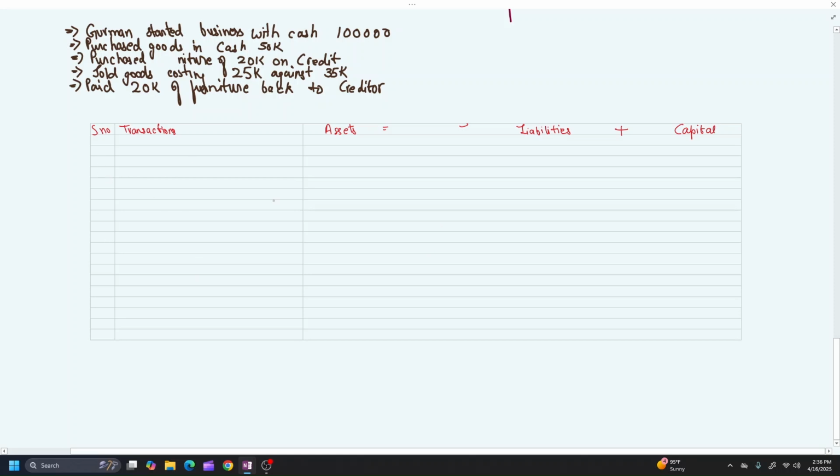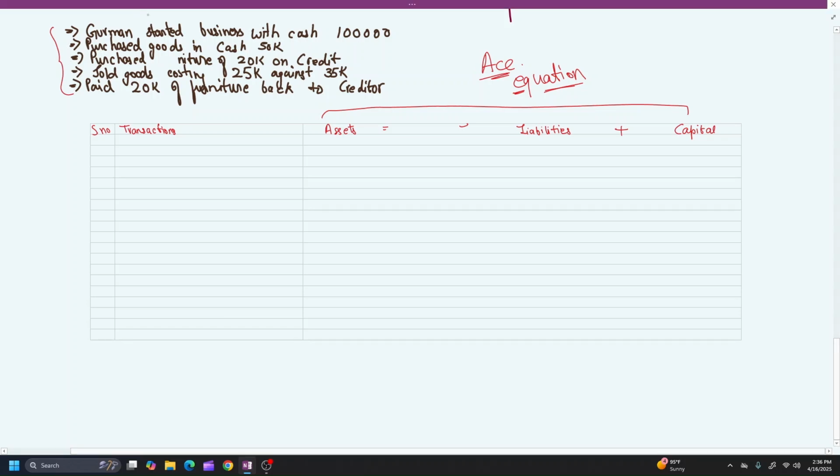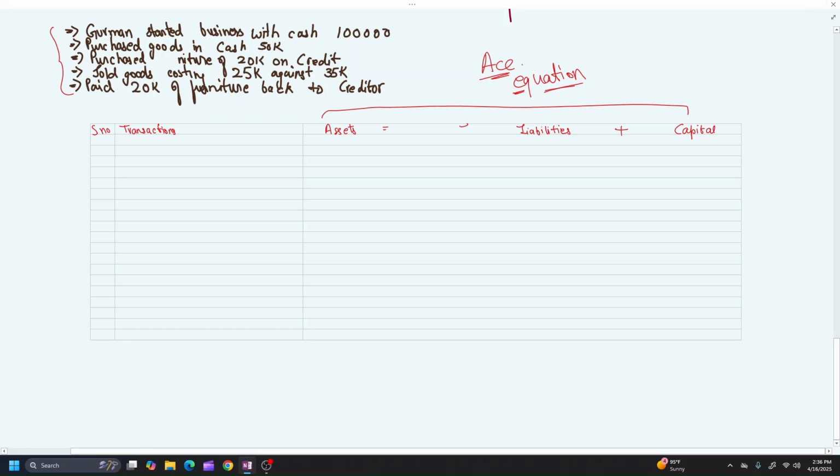Serial number, then transactions, and one big column that will have this equation. This is your accounting equation. Assets is equals to liabilities plus capital. Now one by one we'll record these transactions and then we'll end the video there. Try to do it with me. If you are able to do it with me, then it's great.